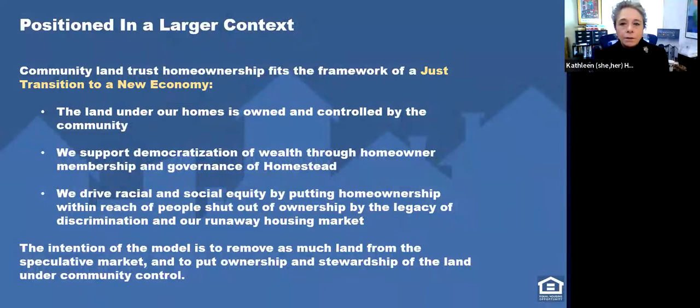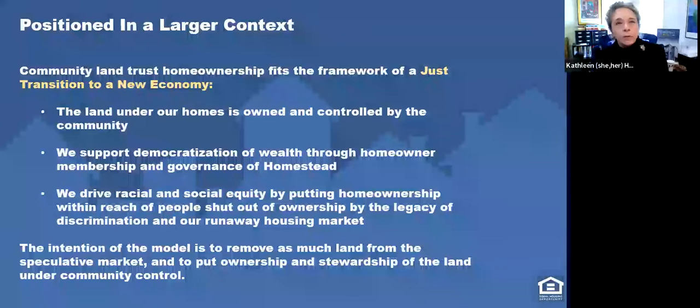So there's a strong emphasis on more collective ownership and collective governance of businesses, land, housing.